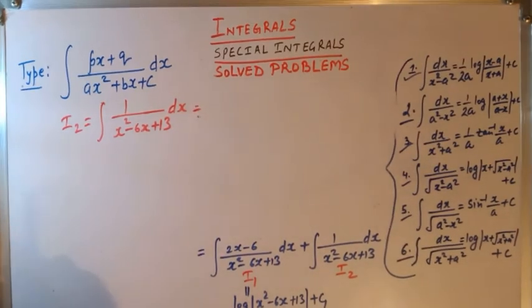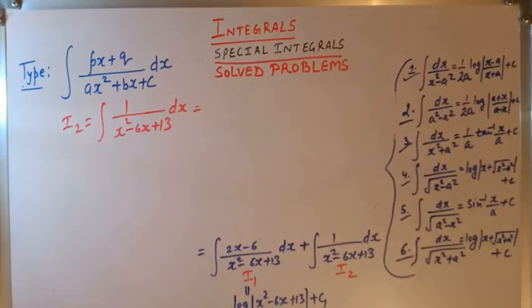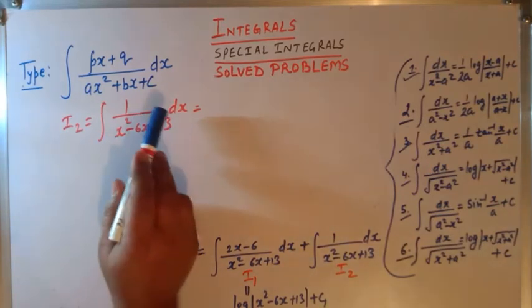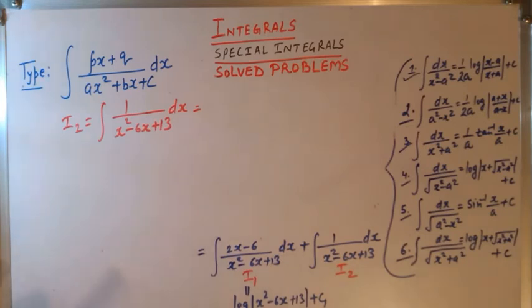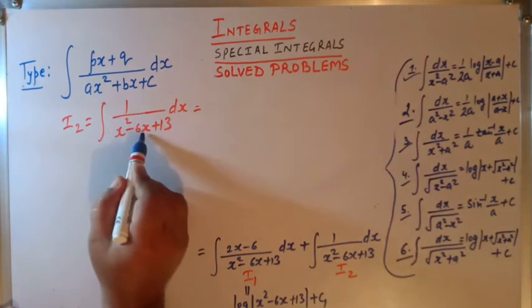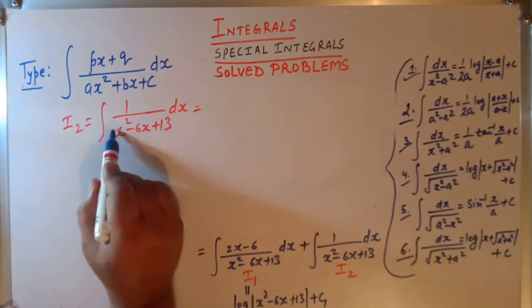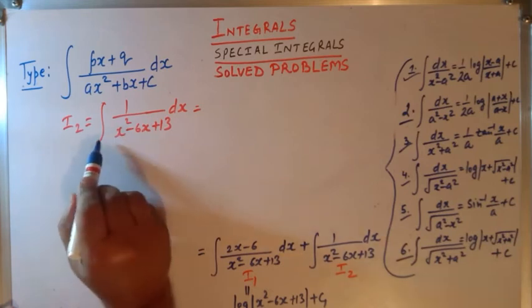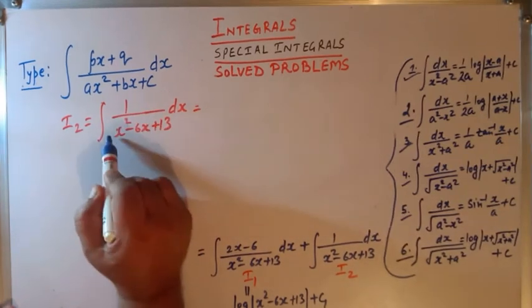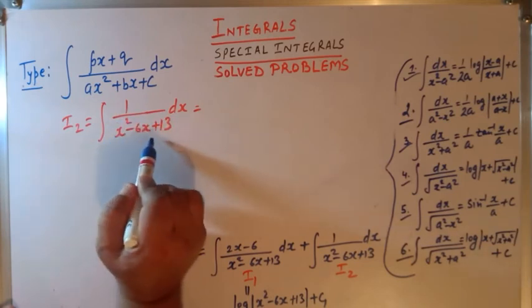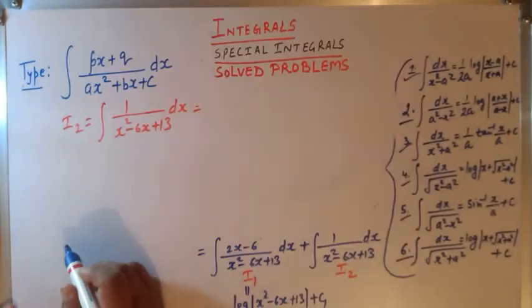Now we have already discussed the method to calculate the integral of a function of the form 1 divided by (ax square plus bx plus c), and from our previous knowledge we know that to calculate such integrals, we have to express the denominator in the form of completion of squares.